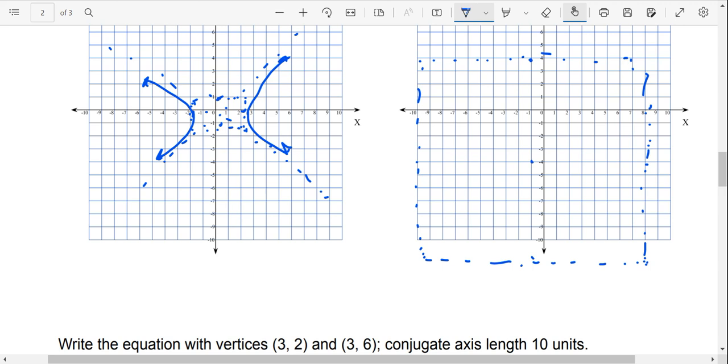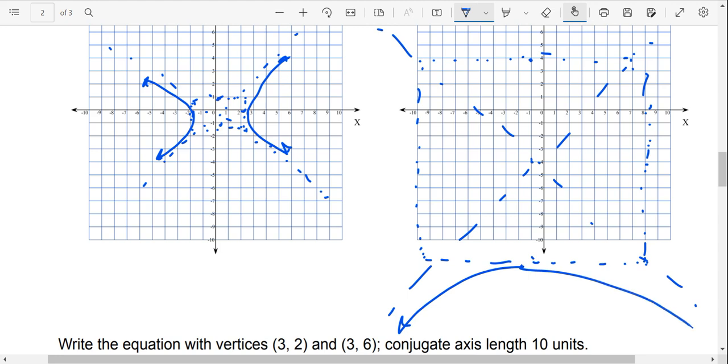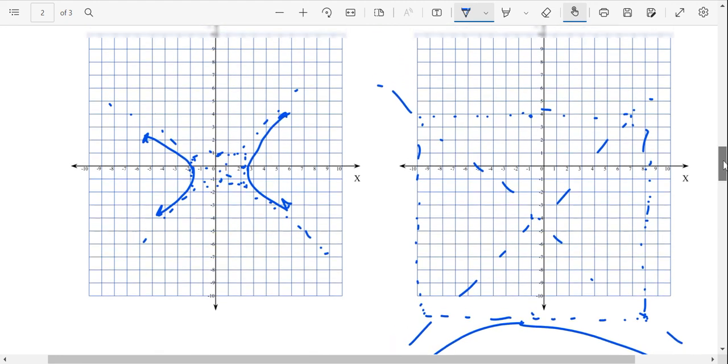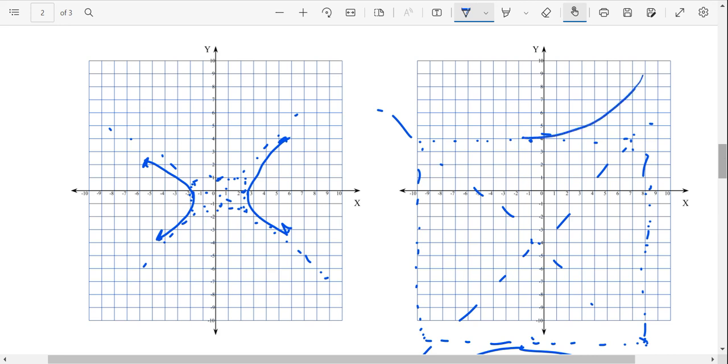And then down here are our diagonals. And then go like that. And then go up a little bit so I can draw a little better. There. Here we go. We drew your hyperbola.